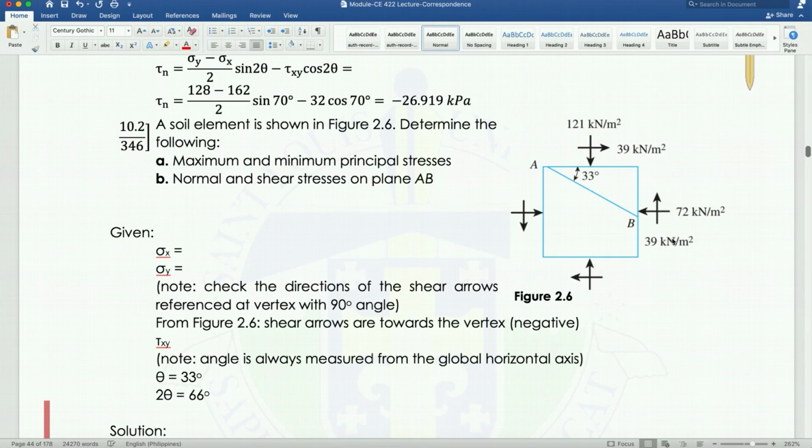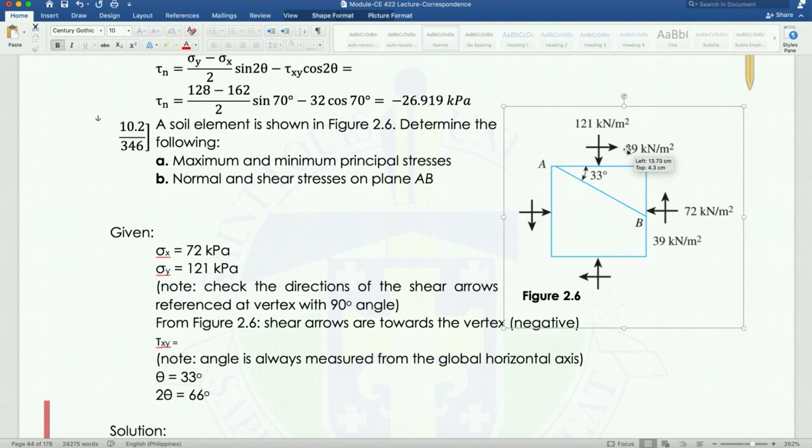Okay? Now, what is our sigma x? So this is our sigma x, 72 kilopascals. And our sigma y, that is 121 kilopascals. Okay, then our tau xy, take note it is towards our 90 degrees.